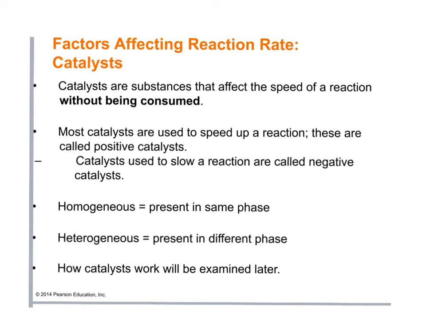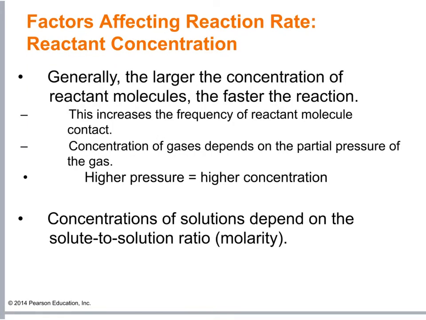You might imagine reactions that just get too hot, and you want to slow that down so that there's some time for the heat to dissipate. There are homogeneous catalysts that are the same phase, so a liquid with a liquid, a gas in a gas. They're heterogeneous, where it's in a different phase, where you might have a liquid flowing over a solid catalyst. And how they work, I'll talk about that again later.